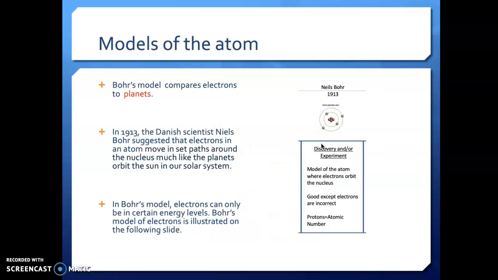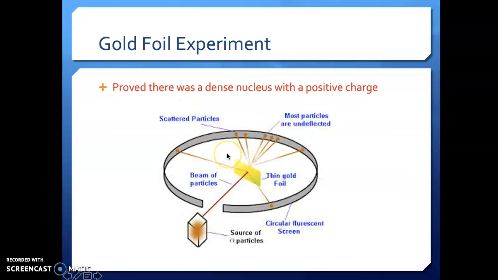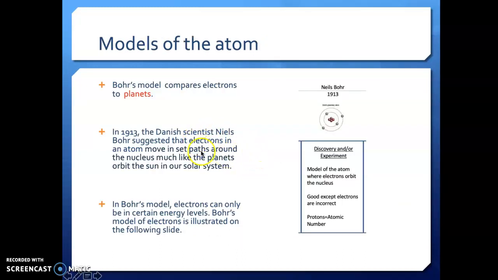So the next development came in 1913, where Bohr, different from his predecessors, predicted that the electrons were outside of the nucleus. He had them in set paths that he called orbits, just like planets orbit the sun.